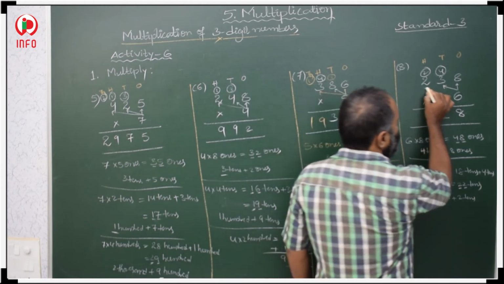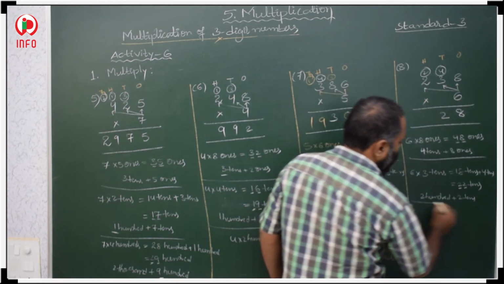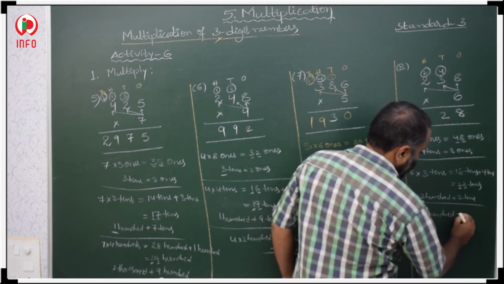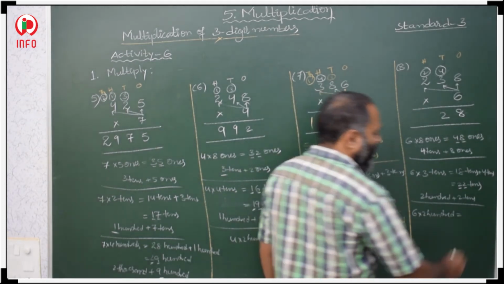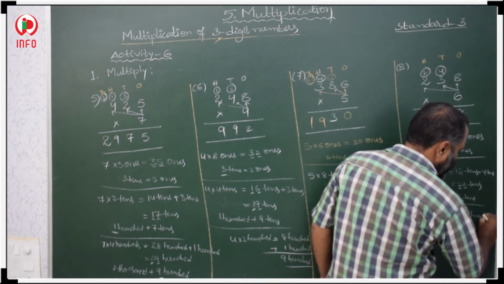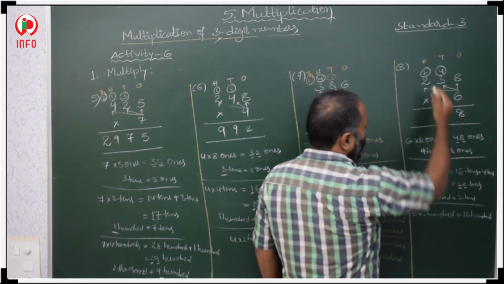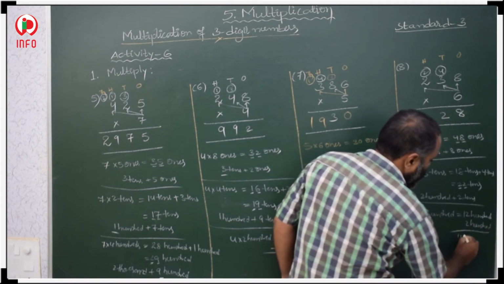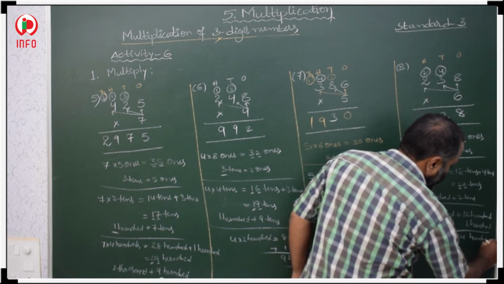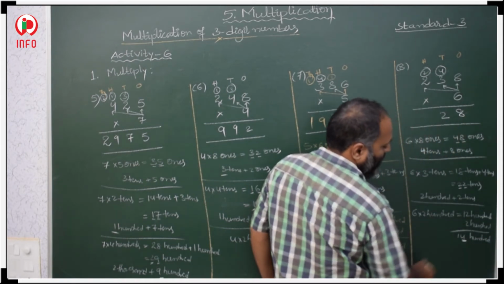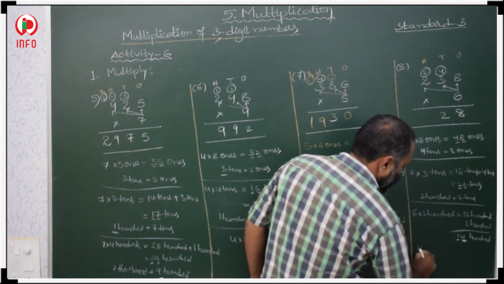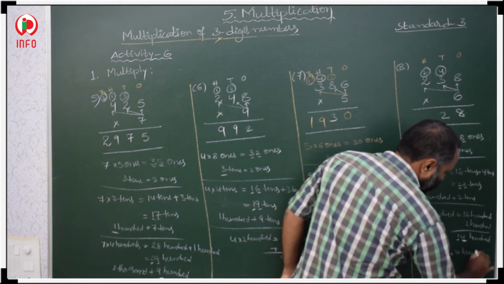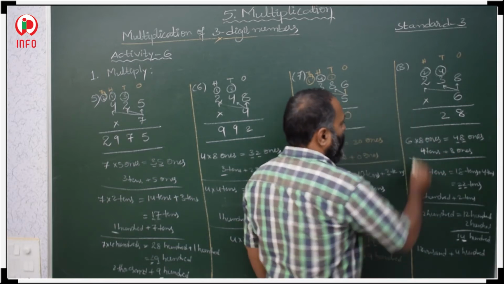Now 6 with hundreds place, 6 with 2, 6 into 200. 6 2s are 12, 1200, and what is carry over? 200. 12 plus 2, 1400. 1400 means 400 and 1000. 4 is in hundreds place.